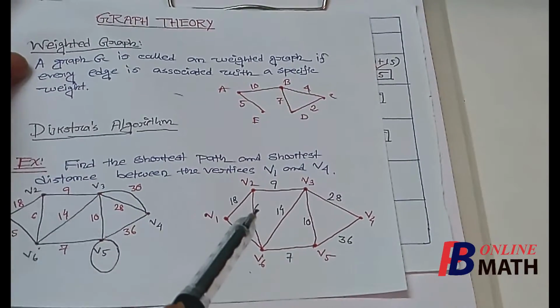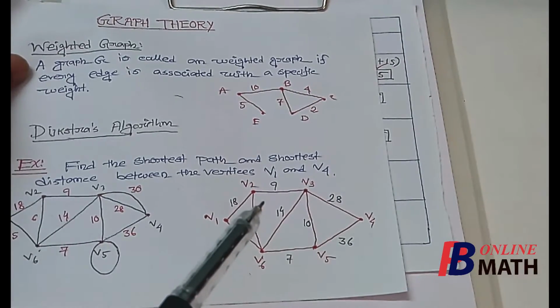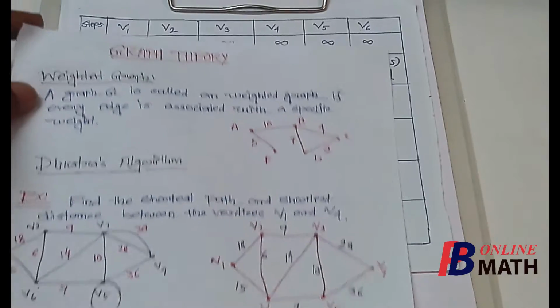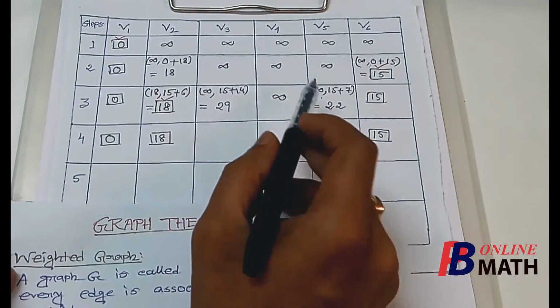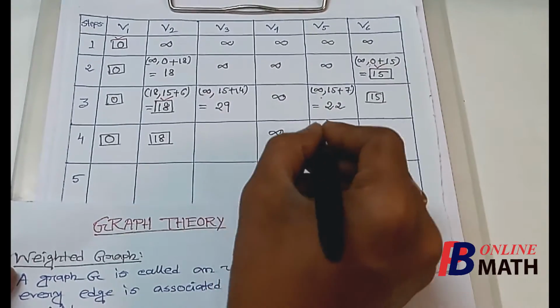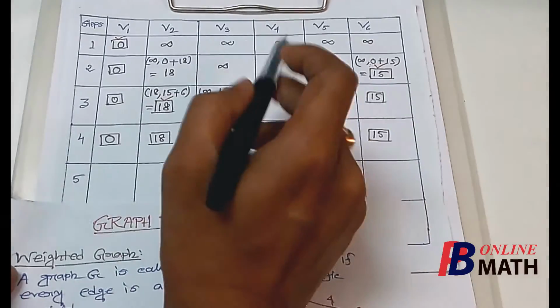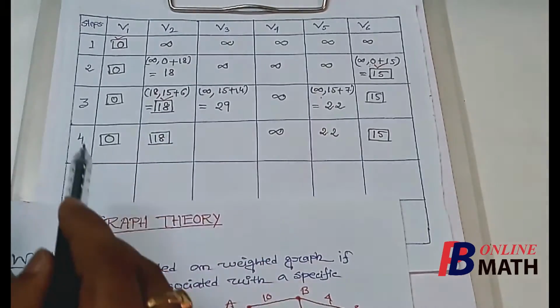From the graph we find that the vertices V4 and V5 are not directly connected to V2. So we keep the levels of V4 and V5 unchanged. So we put infinity here and 22 here because these two vertices are not directly connected to V2.